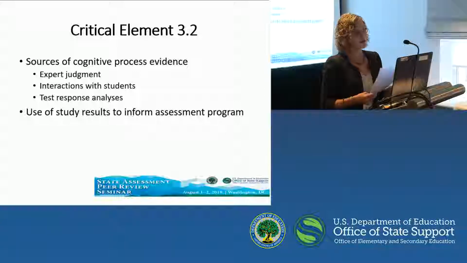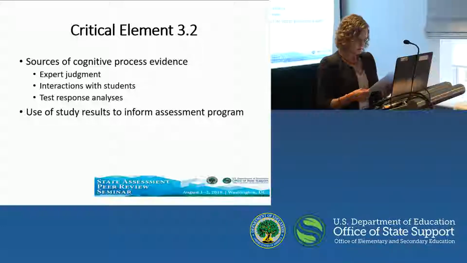The second type of evidence noted in the guidance is expert judgment. And this is very common. We see many reports of panels having looked at items and judged them on either Bloom or Webb's scheme.